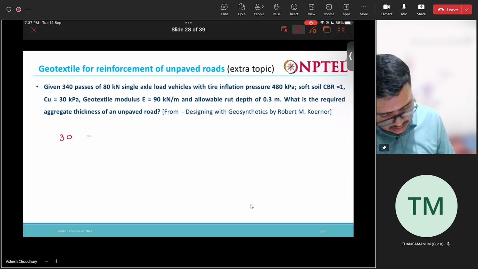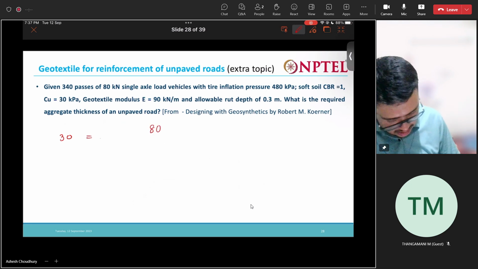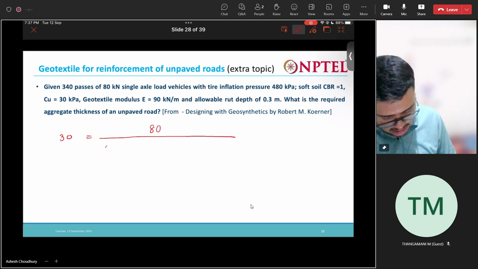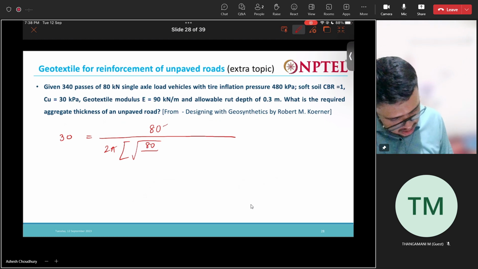30 is equal to 80 by twice by P by PC. So what is P? P is 80. So P by PC is how much? This is 40 plus twice H naught tan alpha, tan 26 degrees we can take.